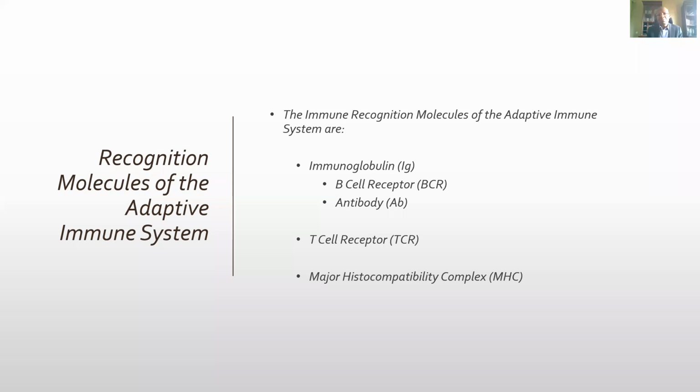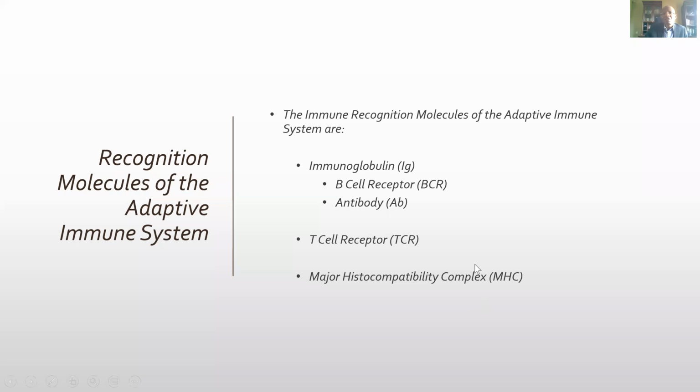So the major histocompatibility complex is the one presenting the antigen to the T cell receptor. That recognition has to occur, and we'll teach you more about how that happens.